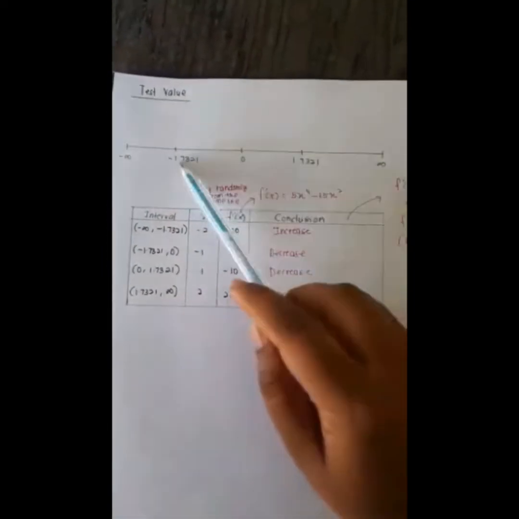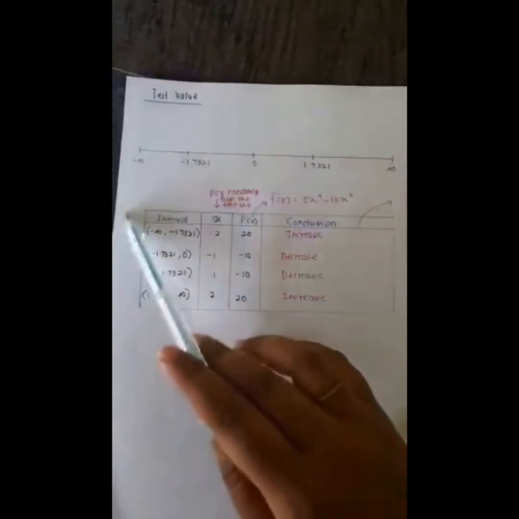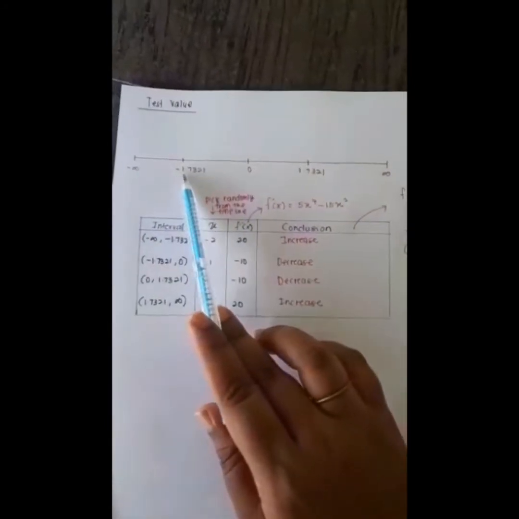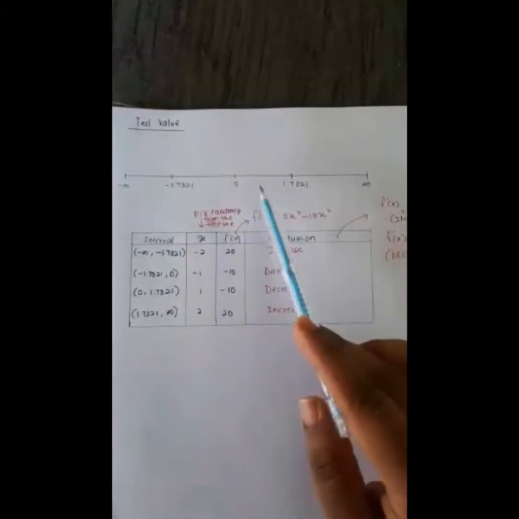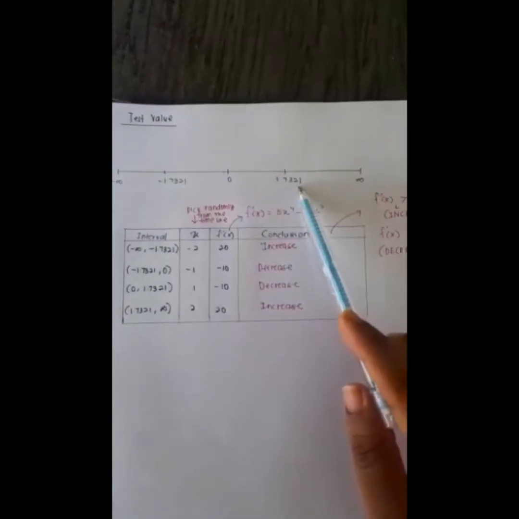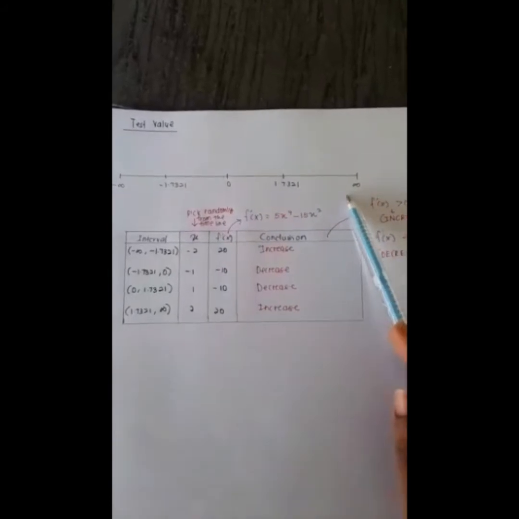Okay, we have to test. Just now we got these, right? Now we have to test them. For that I have made a timeline which is negative infinity to negative 1.7321, 0, 1.7321, and positive infinity. So we have to do this table to get the conclusion whether our graph is increasing or decreasing.